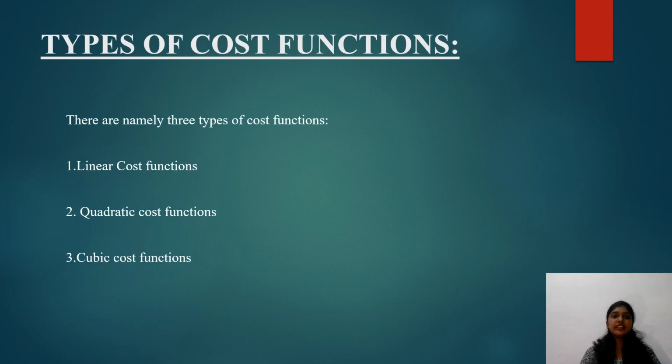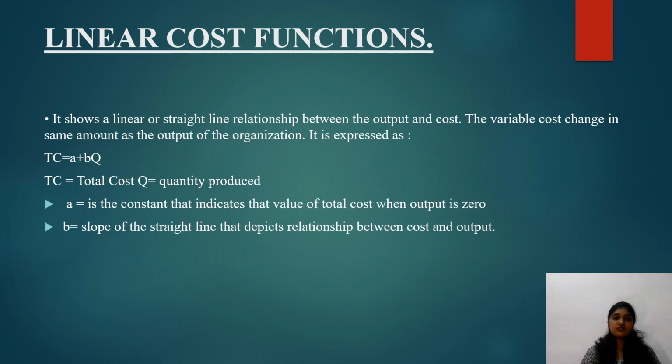So there are three types of cost functions. The first one is the linear cost function, the second one is the quadratic cost function, and the third one is the cubic cost function. The linear cost function shows a linear or straight line relationship between the output and cost.